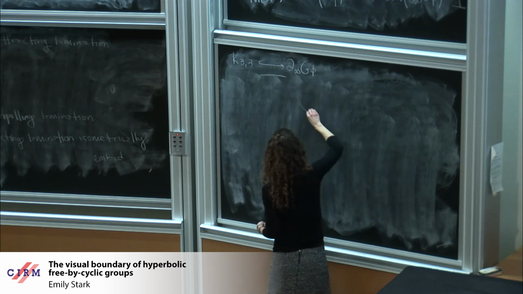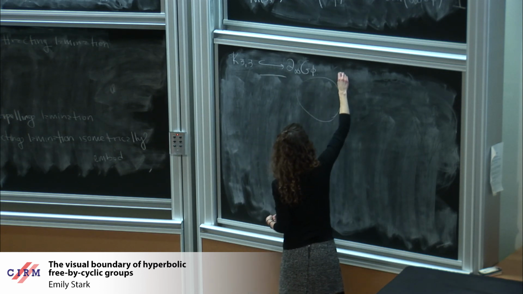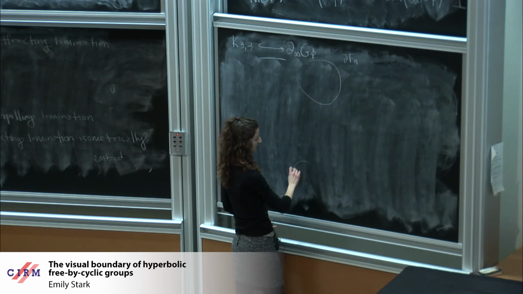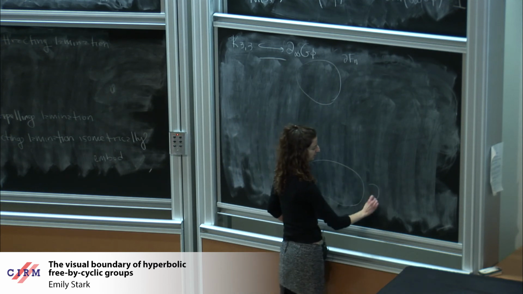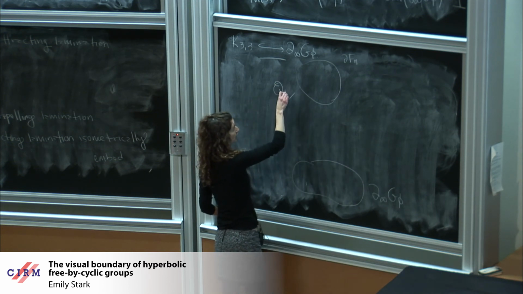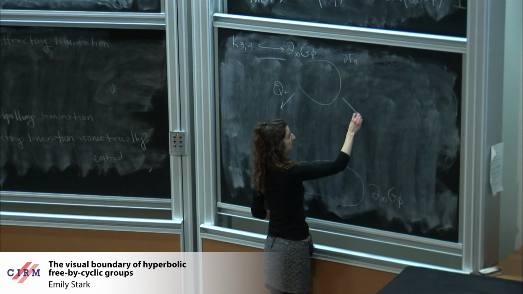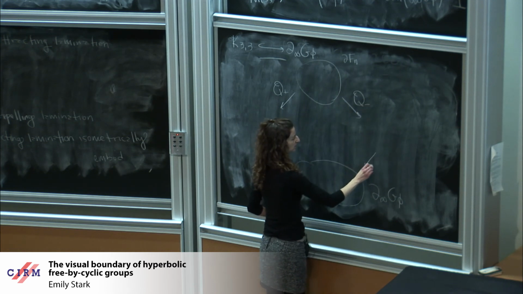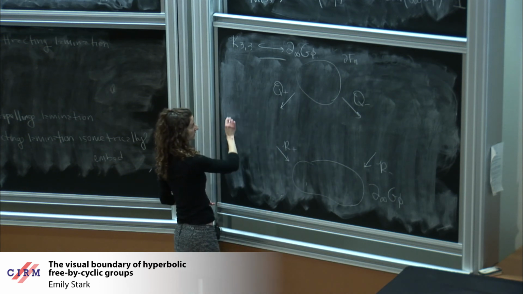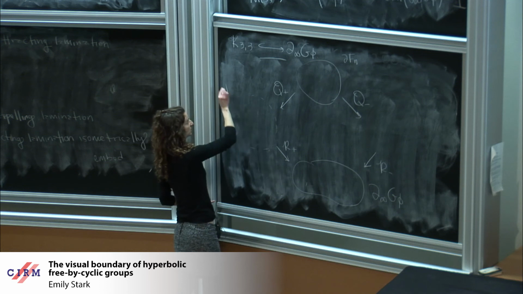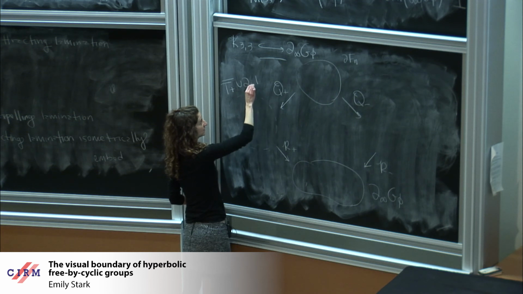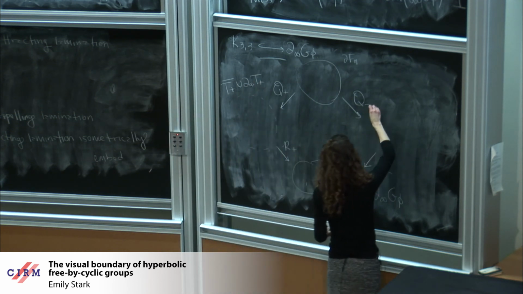So we'll use the structure of the Cannon-Thurston map, which says that the Cannon-Thurston map from the boundary of the free group to the boundary of the free-by-cyclic group factors through these Q maps, Q plus and Q minus, to the attracting tree union its boundary, and to the repelling tree union its boundary.